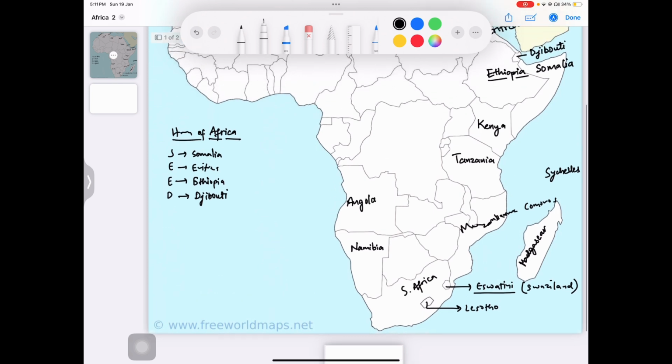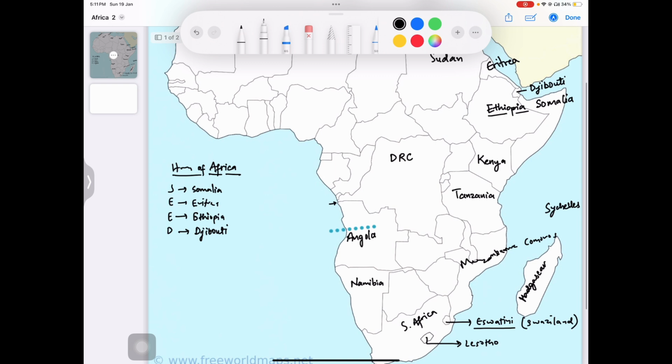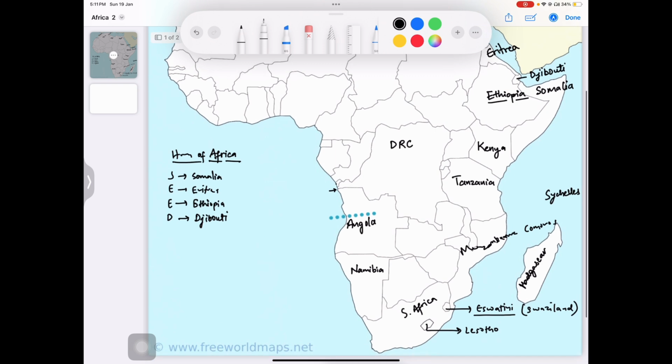See, this one is Democratic Republic of Congo, DRC. It seems to be in the middle, but it is a coastal country. See, somewhere here, it touches the sea, the ocean. And this tiny one is again Angola. This is Congo.